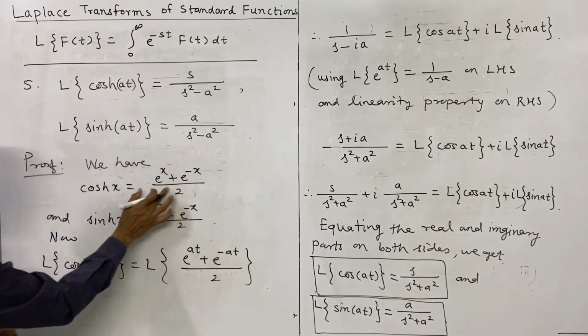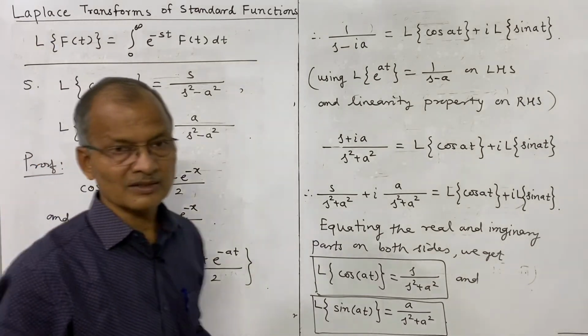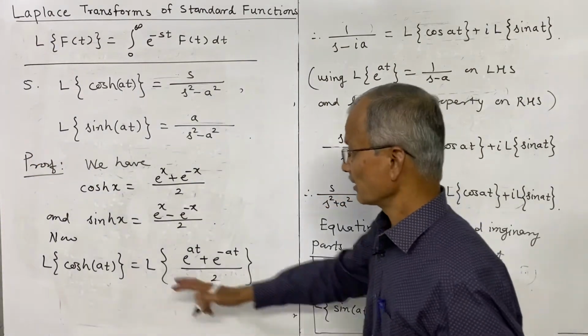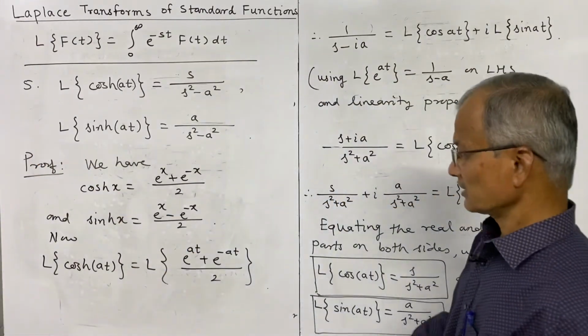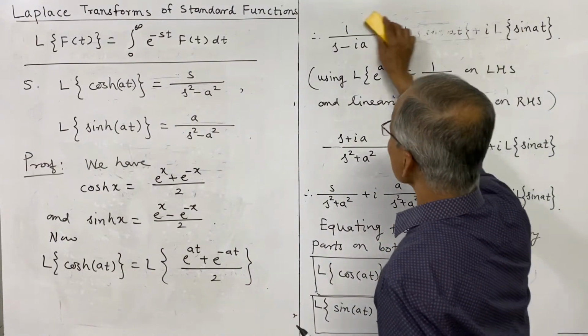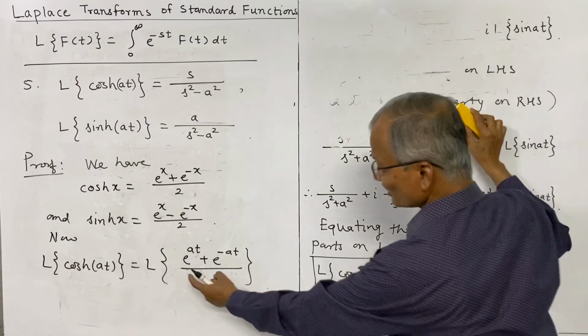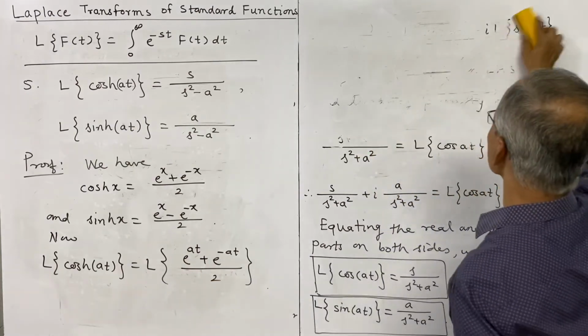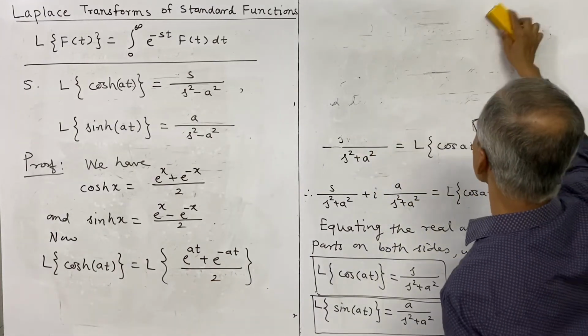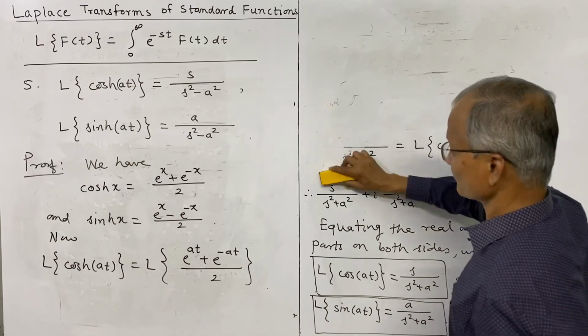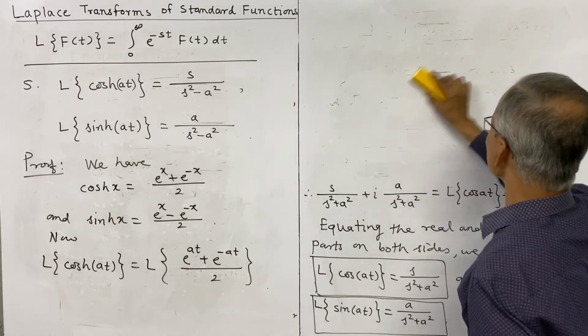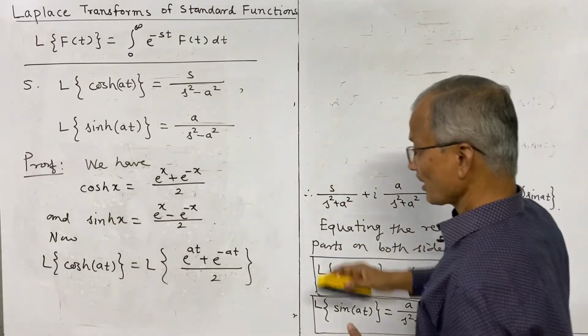Using this definition, in place of x we have written at. Now on the right side we can use the linearity property. This can be separated and the constant can be written outside. The linearity property is simple but important, and therefore the right side we can write as 1/2.